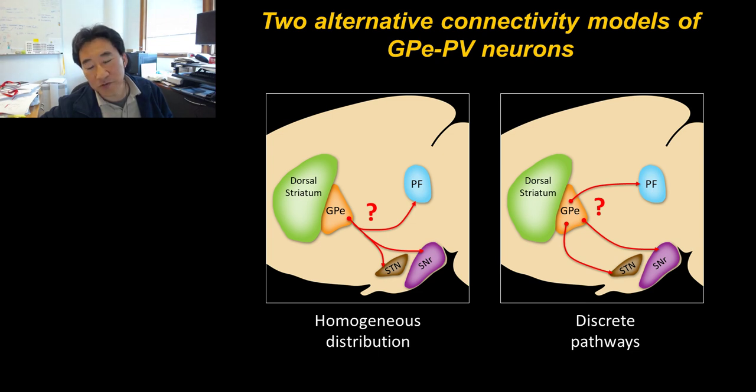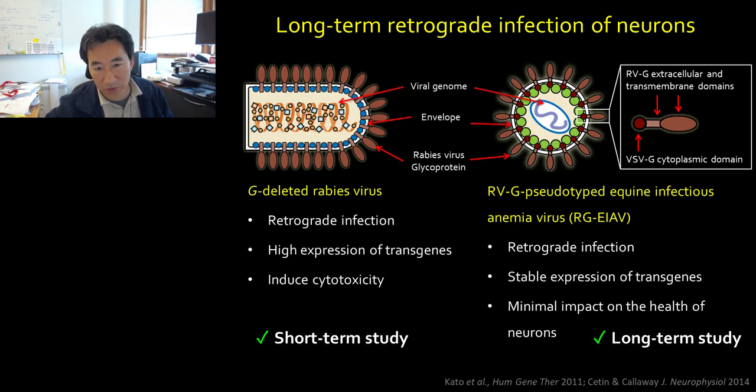To understand the function of the globus pallidus and the overall basal ganglia, differentiating these two possibilities is very important. The question is, how can we differentiate whether this genetically defined population may include different populations projecting to different targets? So we engineered the virus. Actually, we engineered the rabies virus.